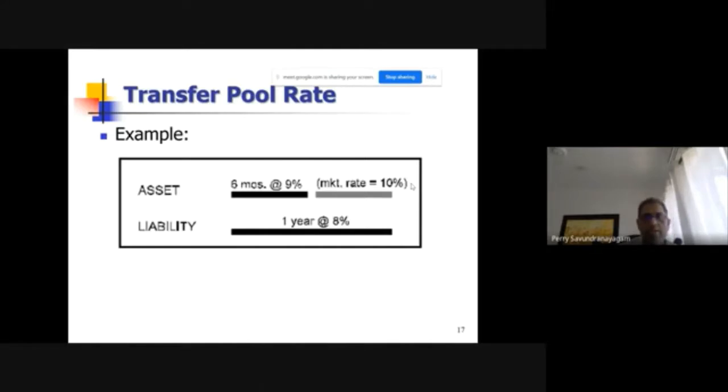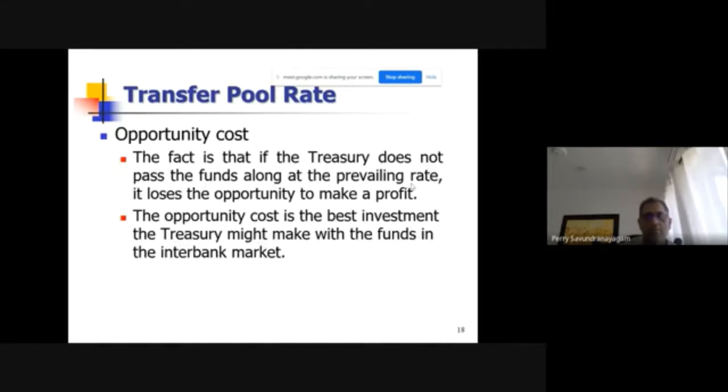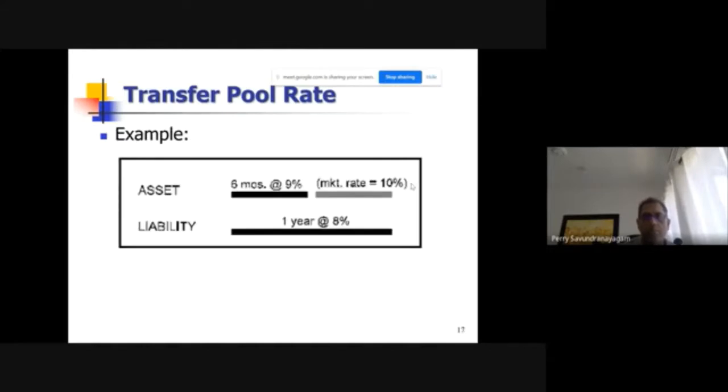If the market rate is, if the Treasury lends at 9, the corporate banking lends at 9 and borrows, consumer banking borrows at 8, and the market rate is 10, that basically that 10% increase in the rate, right?